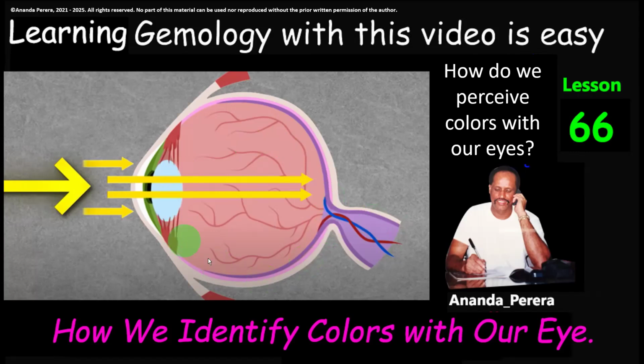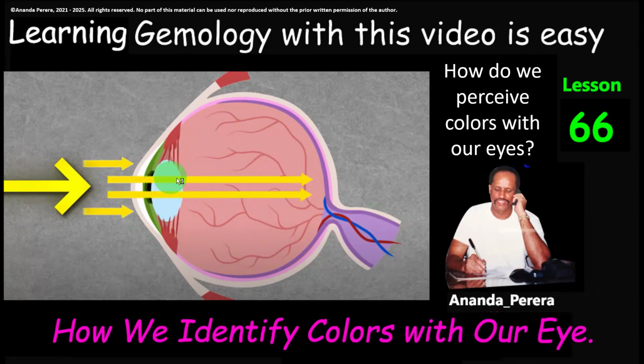This is our eye, a picture of the eye. You can remember this from your school days when you were doing biology in your O levels. This is the lens, and these are the light waves we are perceiving with our eye.